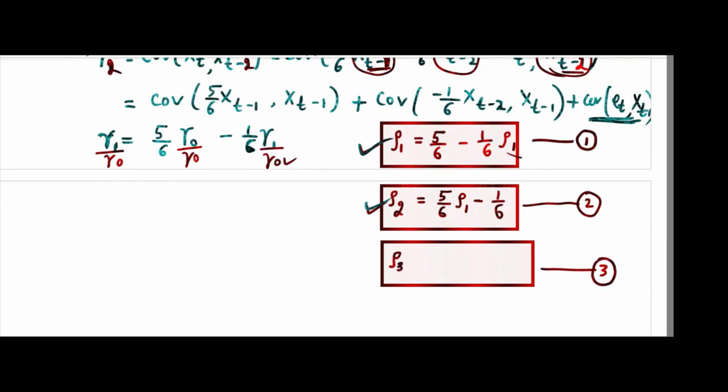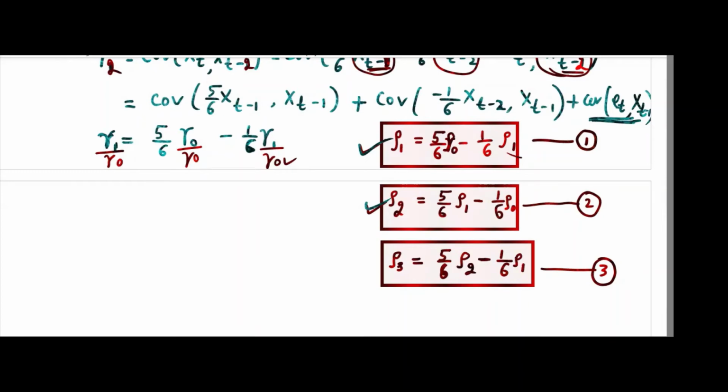Rho 3, if you see the trend here, gamma naught, sorry, rho naught, that is 1, rho 1, you will get rho 2, minus 1 upon 6 here, 0 there. Okay, 2 1 0, 1 0 minus 1, minus 1 is 1, 3 2 1 you will get.